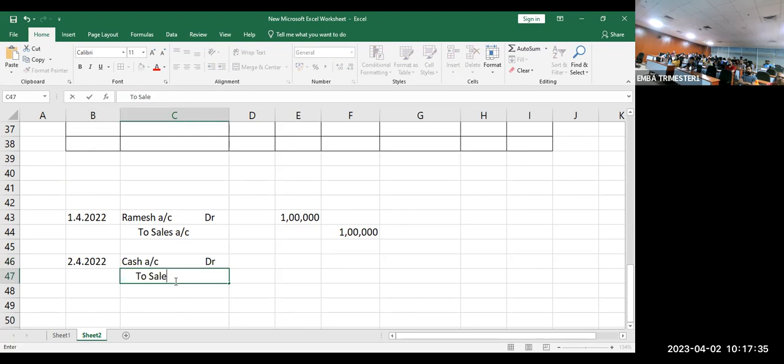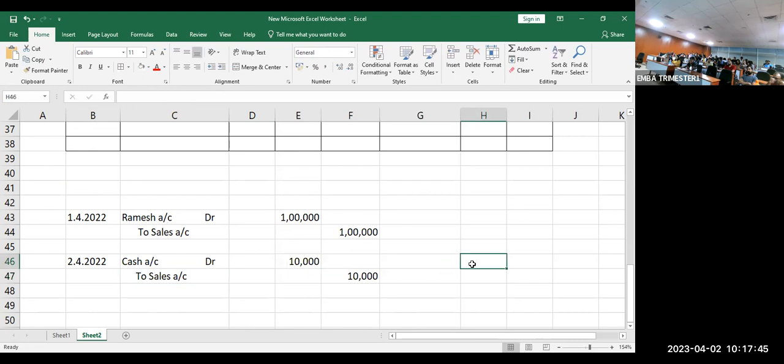He has given the money and took the goods for rupees 10,000. This will not appear in Ramesh account, but it will appear in which account? Cash account and sales account. Where is Ramesh here? In these two, is any Ramesh account there? If there is no Ramesh account, why do you bring that into Ramesh account? He paid the money.